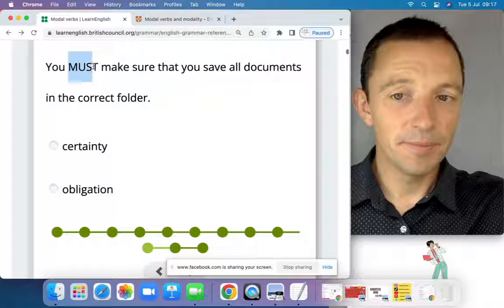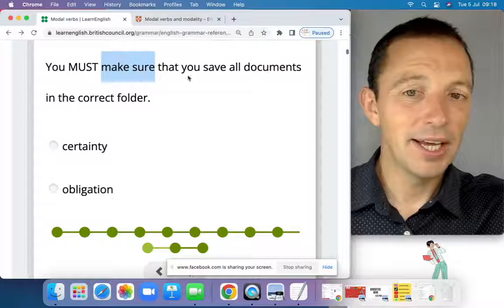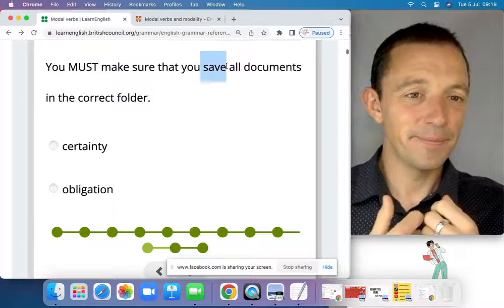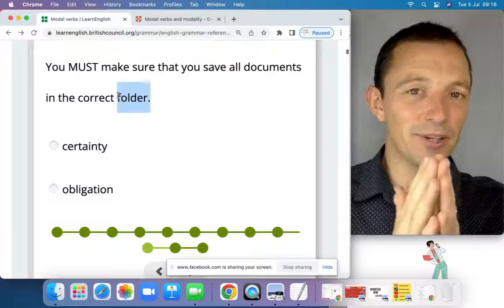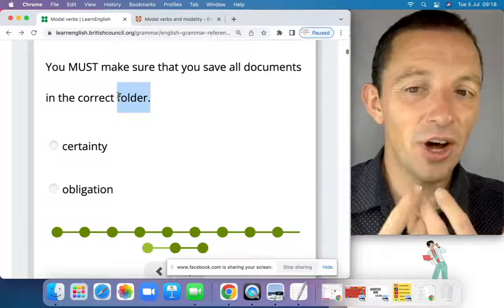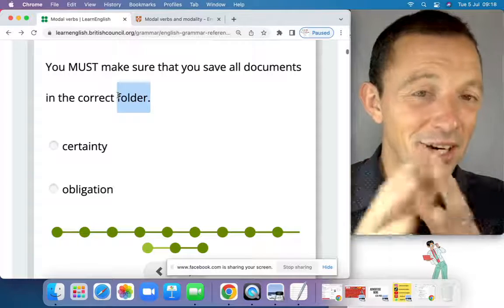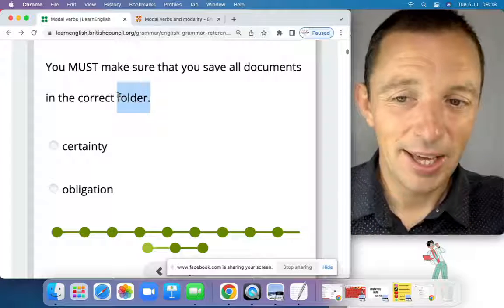You must make sure, you must make certain that you save all the documents in the correct folder on your computer or your paper.